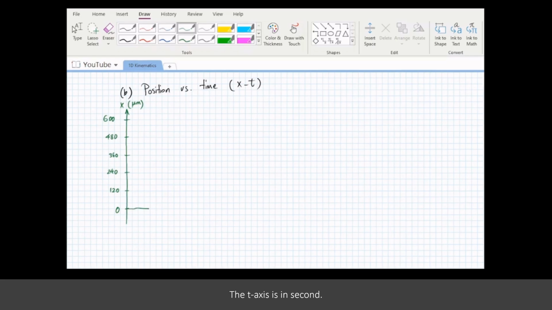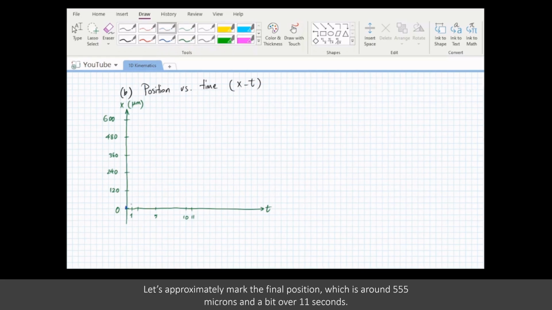The t-axis is in seconds. Let's approximately mark the final position, which is around 555 microns, and a bit over 11 seconds.